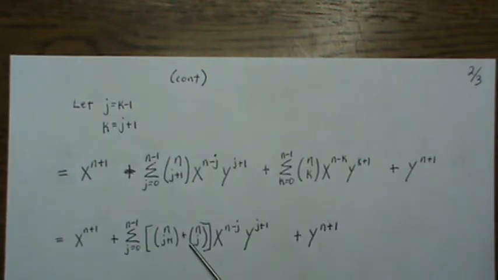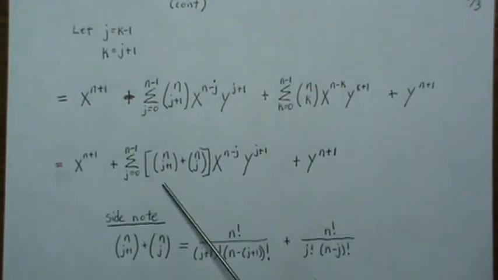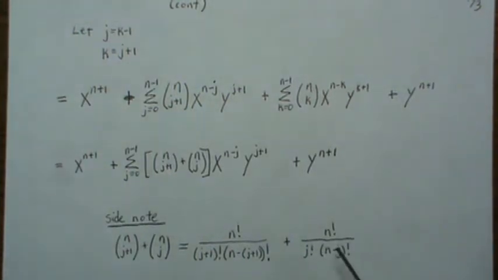So I want to have a little side note on how to deal with this addition of combinations here. So a side note, we're going to look at this here and just expand this by definition, expand this by definition. Now here we have to find like terms.